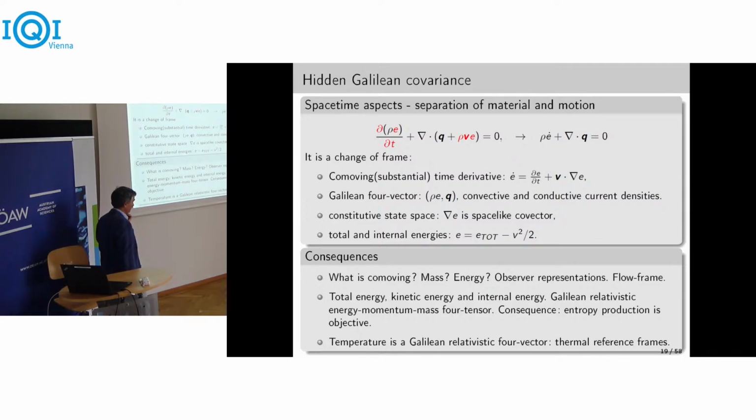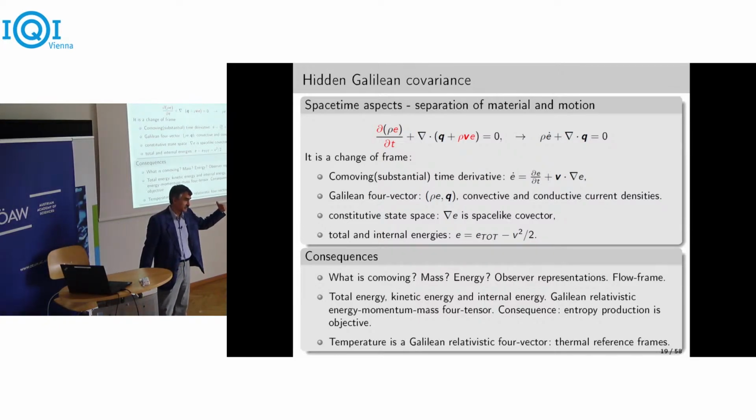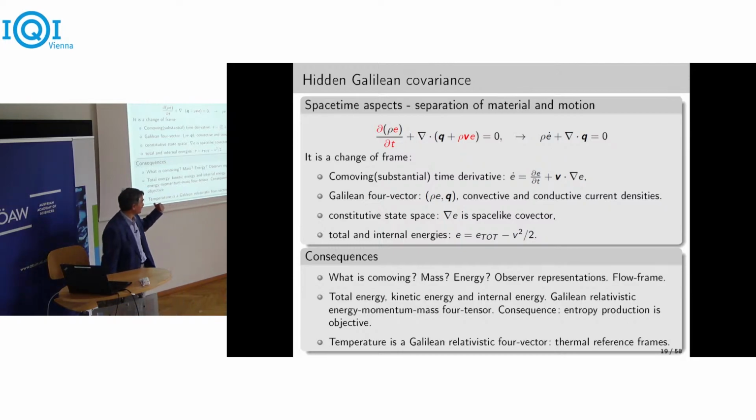Temperature is a Galilean relativistic 4-vector, which is scalar only if I move together with the temperature. Therefore, thermodynamics itself defines a reference frame that we can call thermal reference frames, and these really play an important role nowadays in relativistic fluids in heavy ion physics, for example.